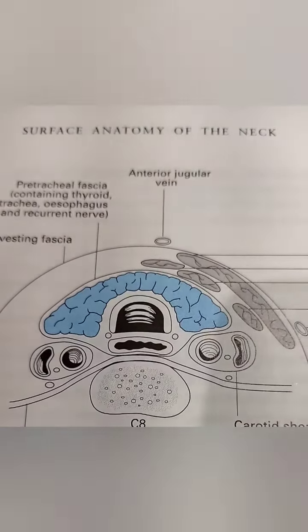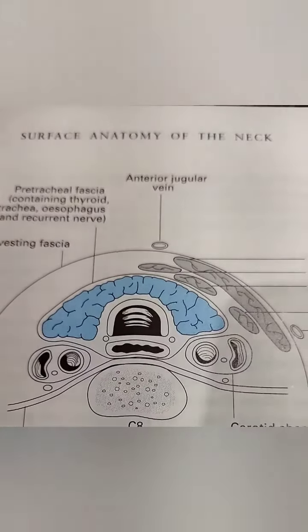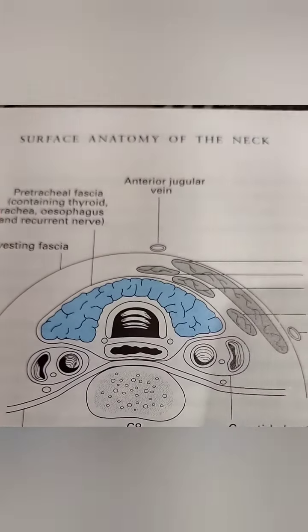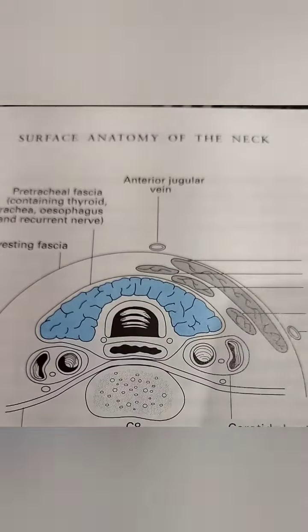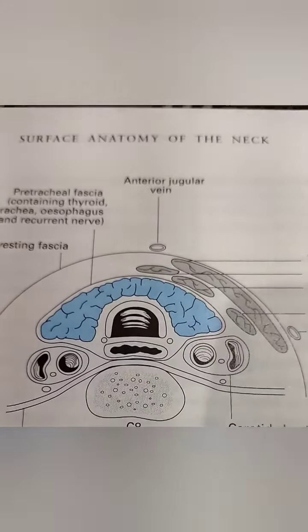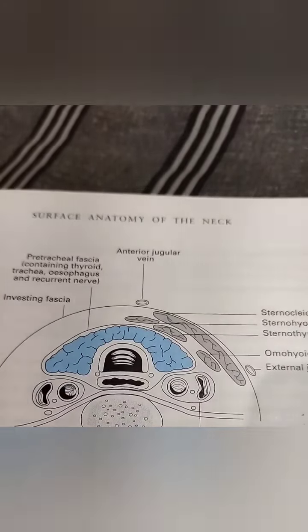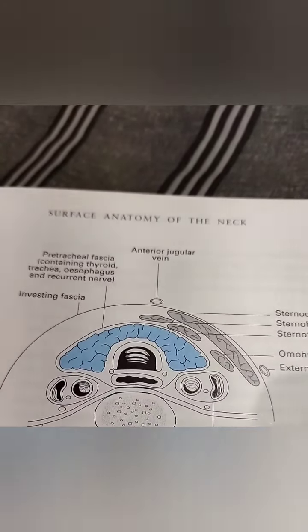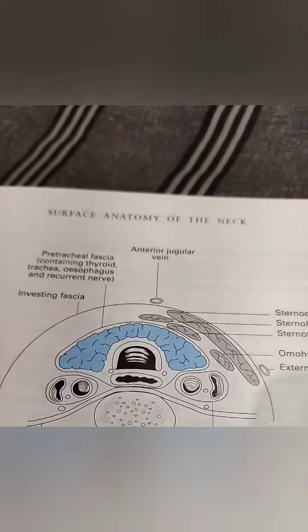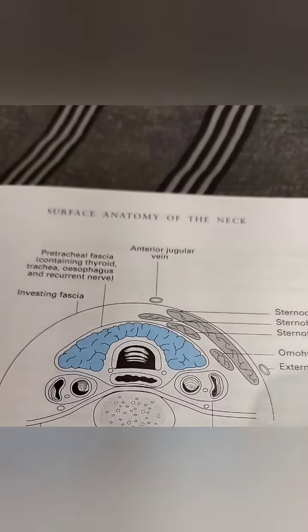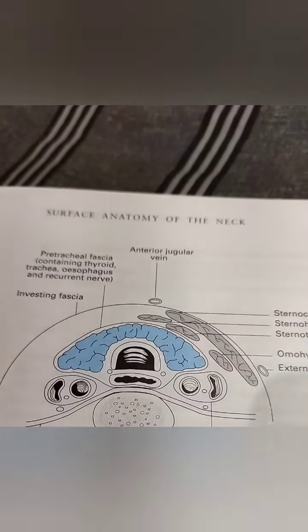So, in surgery, the thyroid gland is removed along with the true capsule to avoid injury to the venous plexus. So, the anatomy of the thyroid gland and its relations is very important in thyroidectomy operation.